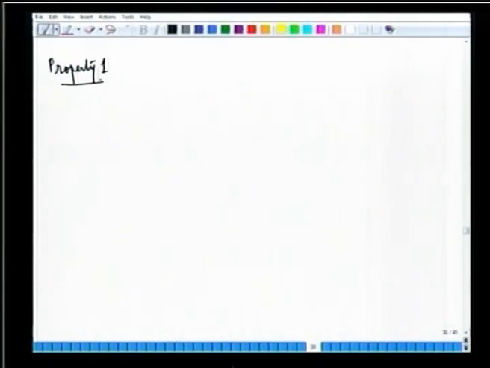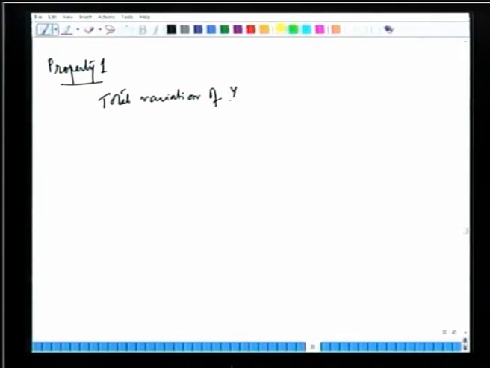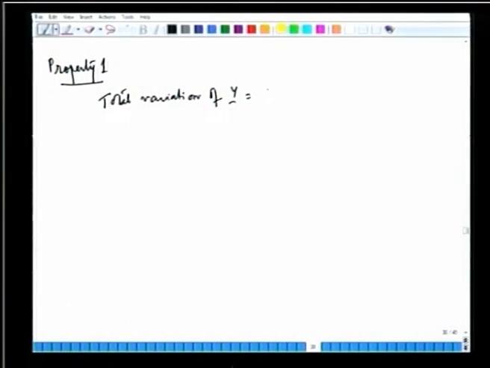We have total variation of y, that is of the principal components, equal to total variation of x. Now, at this point we are still talking about the p-dimensional vector of principal components.